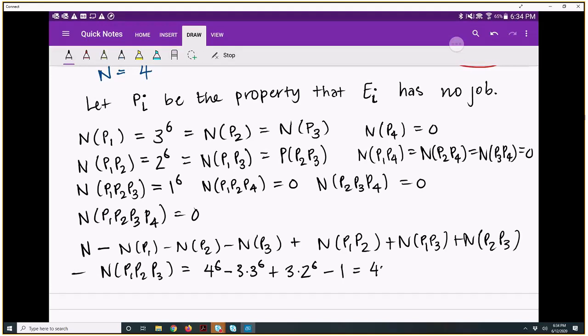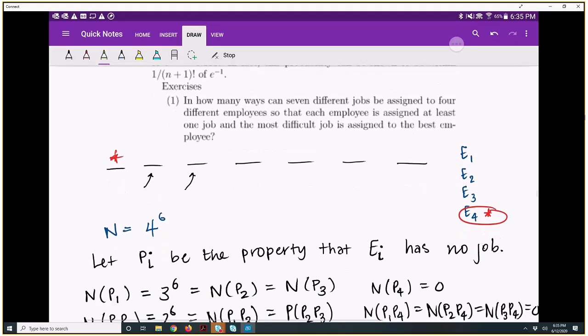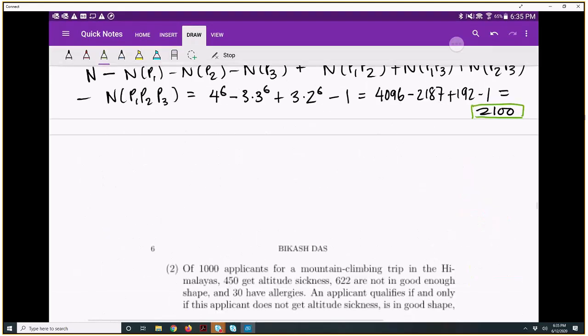And it ends up being 4,096 minus 2,187 plus 192 minus 1, which is 2,100 different ways. So there are 2,100 different ways to assign 7 jobs to 4 employees, with the restriction that each employee be assigned at least 1 job, and that the most difficult job is assigned to the best employee. And we did this using the principle of inclusion and exclusion.